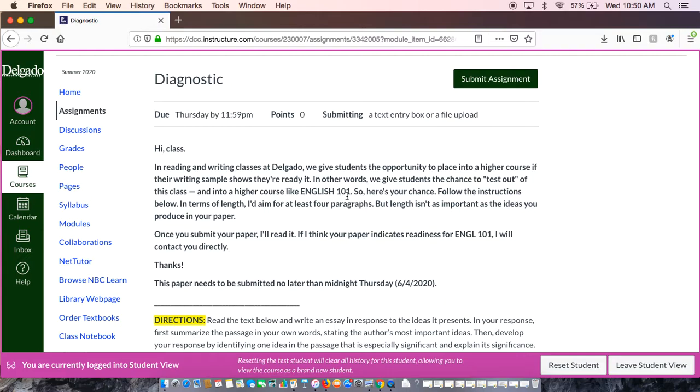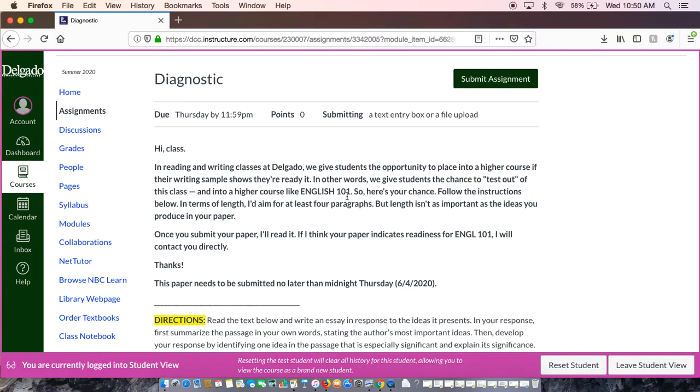In other words, we give students the chance to test out of this class and into a higher course, like English 101. So here is your chance. Follow the instructions below. In terms of length, I'd aim for at least 4 paragraphs. But length isn't as important as the ideas you produce in your paper, the paper that you're going to write.